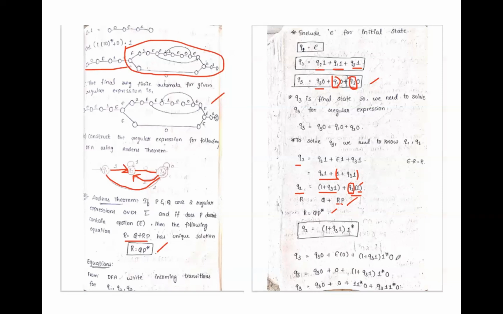Take the Q3 equation, and in place of Q2, we substitute the Q2 value, this one. And the last 0 remains the same. So you'll get the value like this. This is nothing but 1 into 1 star 0 plus Q3 dot 1 into 1 star 0.